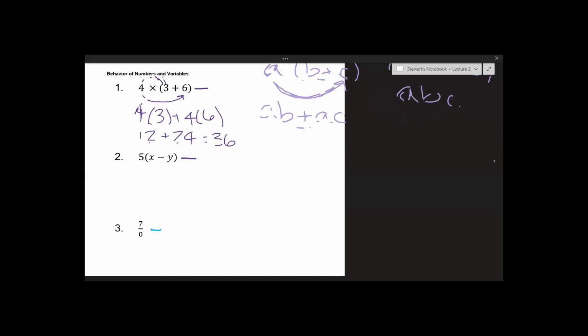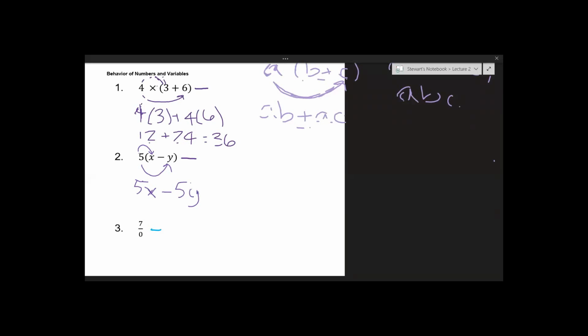So for this one, you multiply the 5 to the x, and then the 5 to the y, and you move this subtraction symbol down in between them. You'd end up with 5 times x minus 5 times y, and that'd be your final answer for that one.